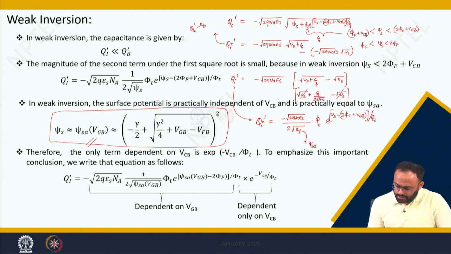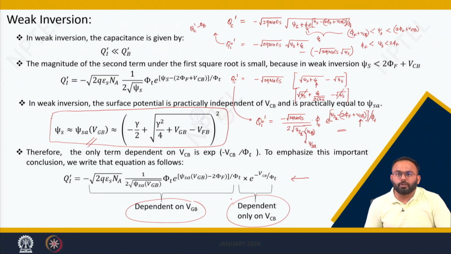So we can replace this surface potential here by psi sa. Interesting to see here that you have two components. One is dependent on Vgb, so psi sa is a Vgb function, and one is Vcb dependence. You just bifurcate this equation and you will get this: this will give you the dependent function on Vgb, and this is the dependent function on Vcb.